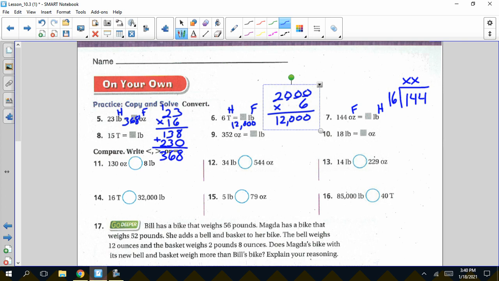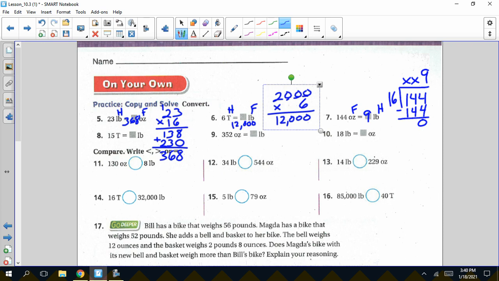So you might try 16 times 5 or 6 or 7, 8, 9. 16 times 9 is 144. When you subtract, you have nothing left over. So 9 pounds equals 144 ounces.